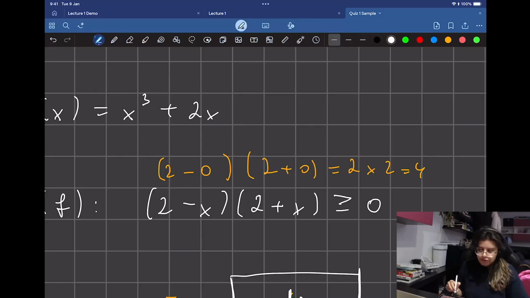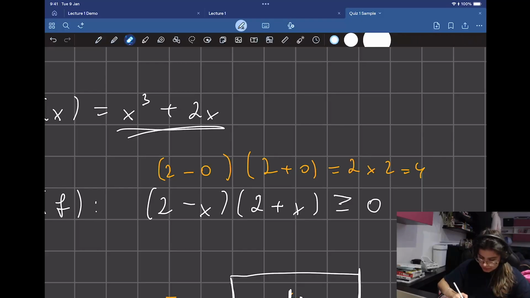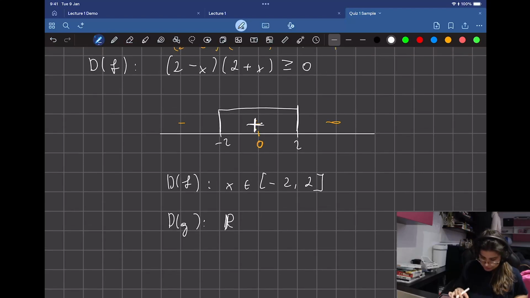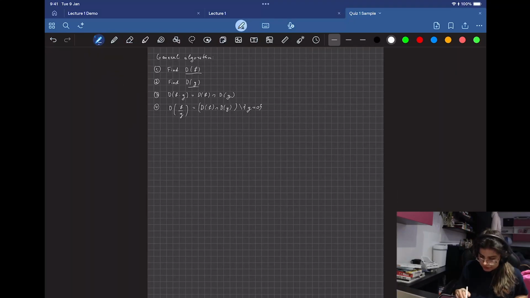You just need to be careful when you have, for example, square roots or radicals, or fractions, because in fractions there are tricky parts too. But this has no fractions, no radicals whatsoever. So the answer to this one, let me just write it below the other one. So D of G is just all real numbers, okay? Like this. All right. So we're done with the first 2 steps.